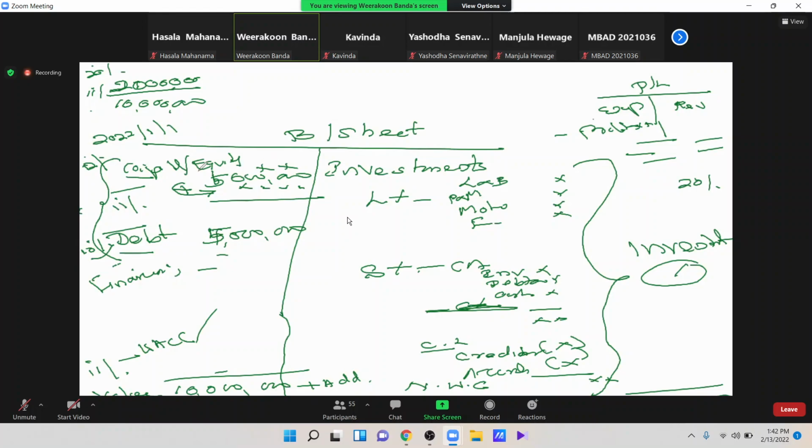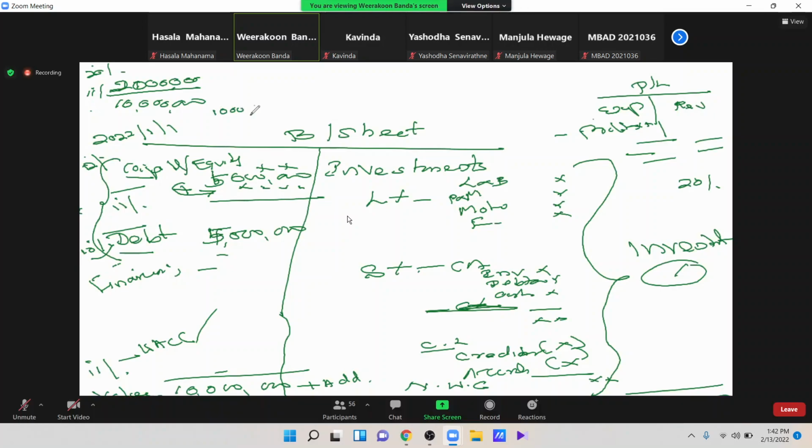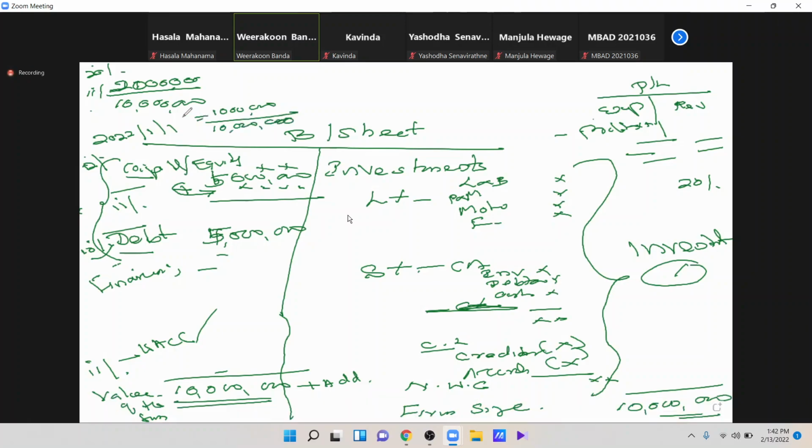If the company earns, say for example, less than 1.1 million, say the company earns only 1 million profit compared to the total 10 million rupee investment, then your return is a 10% rate.